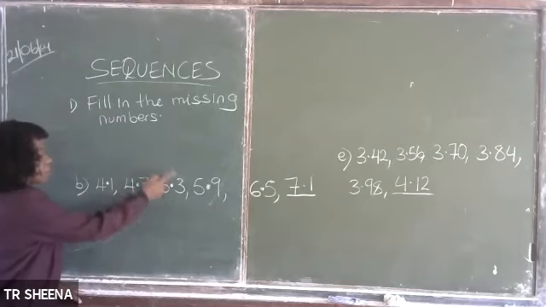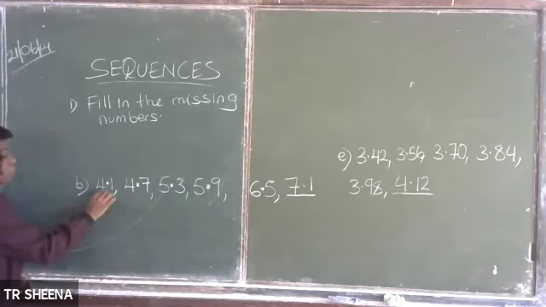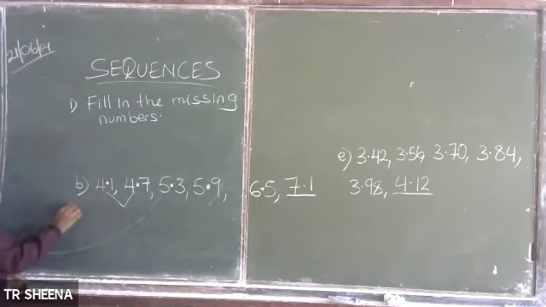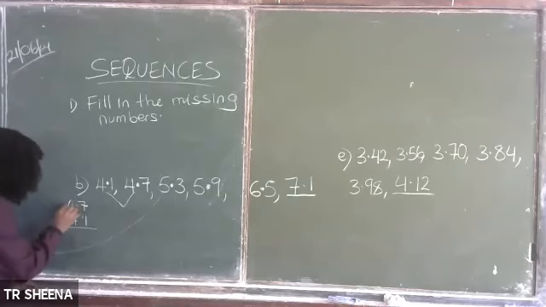So here we have 4.7 minus 4.1. We are subtracting. Is this part clear?